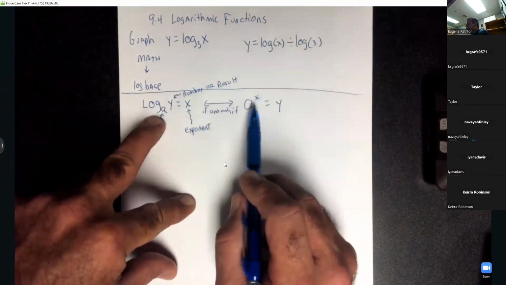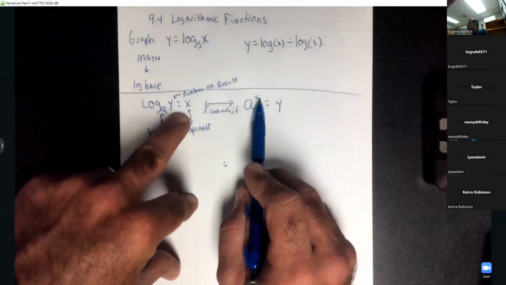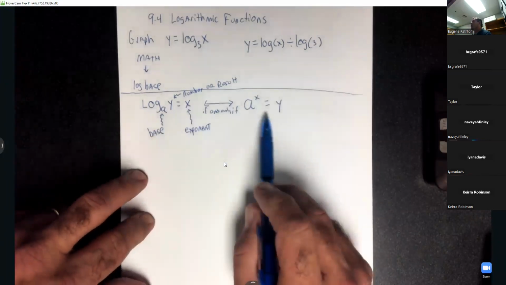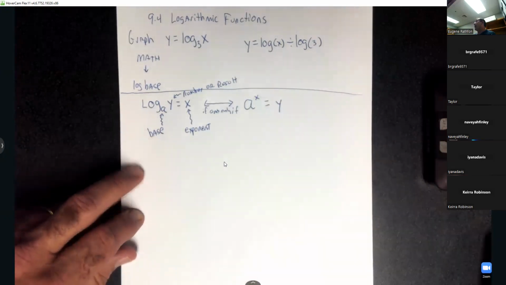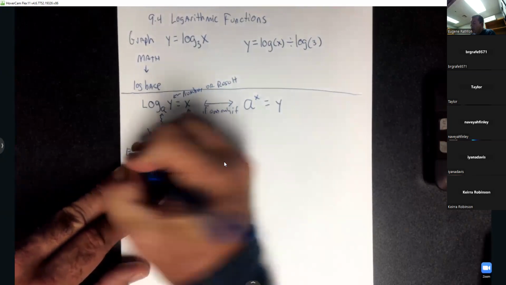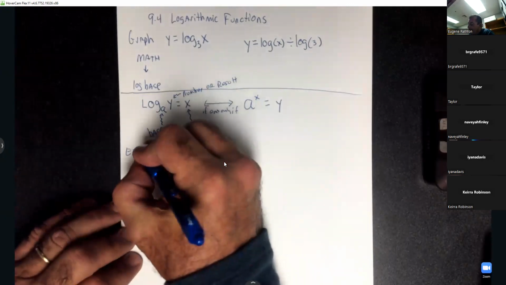Take your base a, the exponent you get, and it's got to equal the number or that result. So I check them by writing them as exponential, okay? Y'all want to play with a few of these to get good on them, okay?